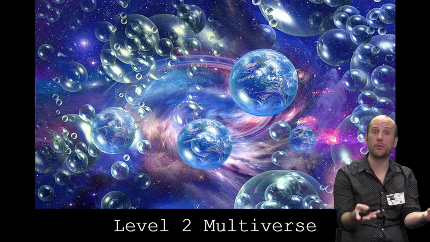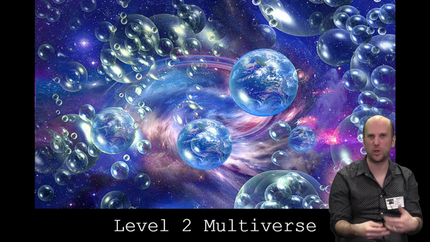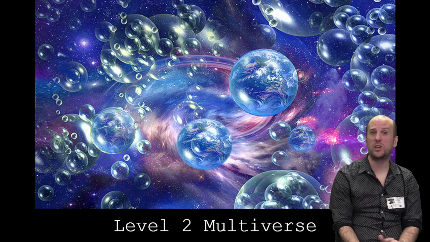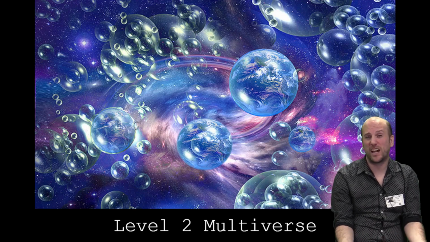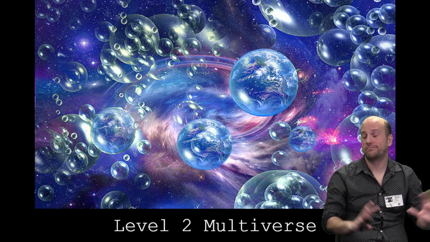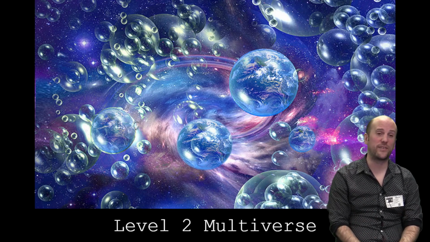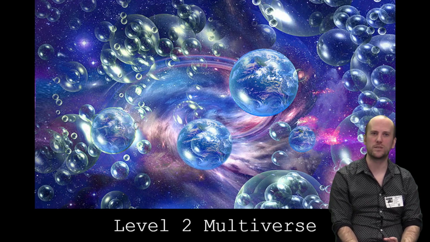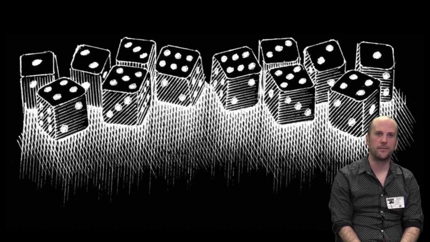So there would be a bubble universe out there with a copy of you having this conversation. And even slight variations. So there'd be a bubble universe where everything is the same, but I have purple skin. There could be another bubble universe where you have the head of a duck, but everything else is the same. And in fact, that's guaranteed if there are infinitely many. All possibilities would play out across this level 2 multiverse.